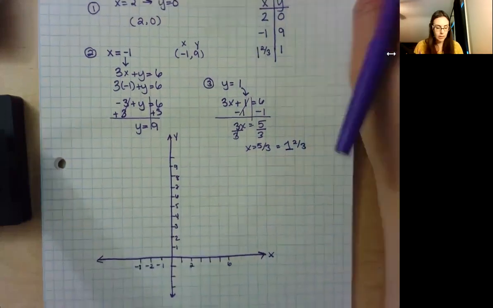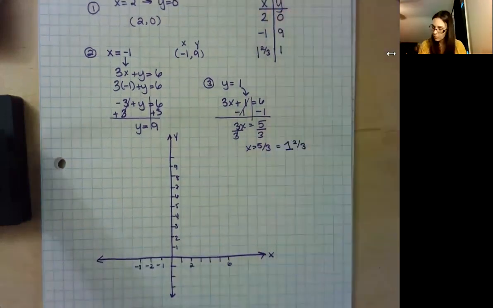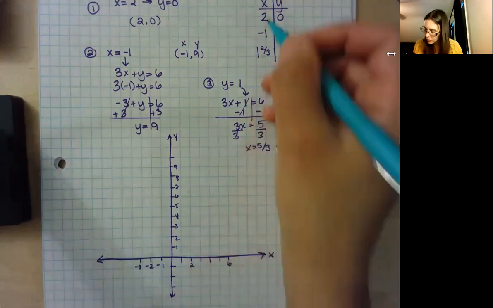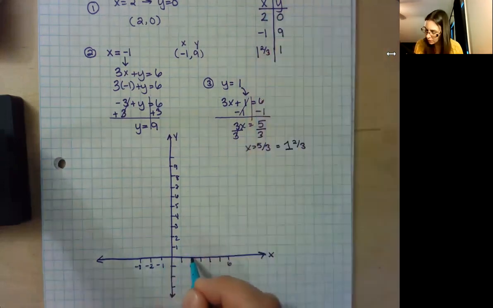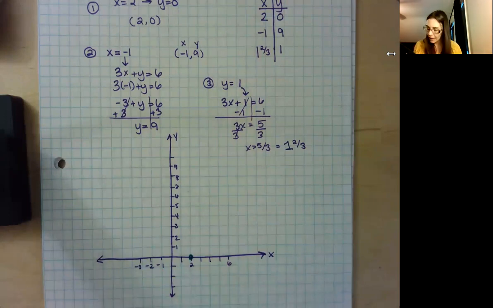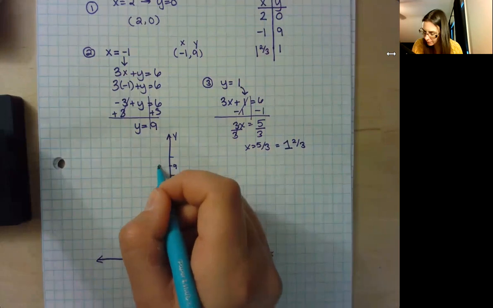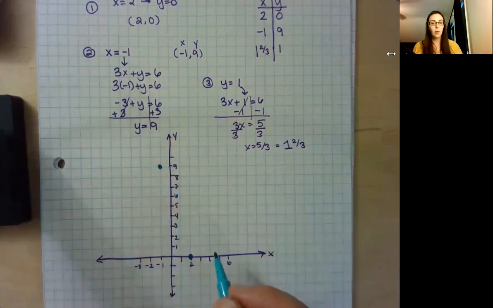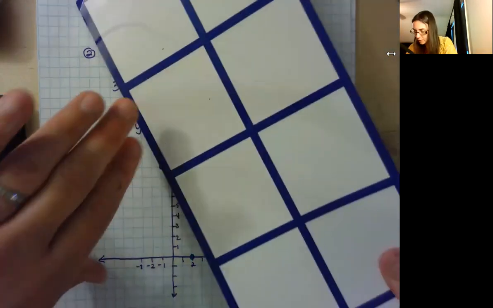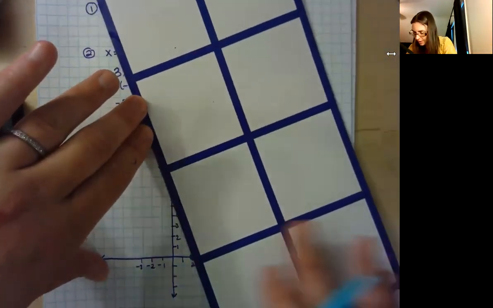And I'm going to graph my points. So I'm going to start with 2, 0. So my x value is 2, my y value is 0, so I'm going to stay right on the axis. And then I have -1 for the x value, and then +9. So what I'm going to do at this point is I'm going to take out a ruler or a straight edge. You really want to try to get in the habit of using something straight to draw your points if you're doing it by hand.